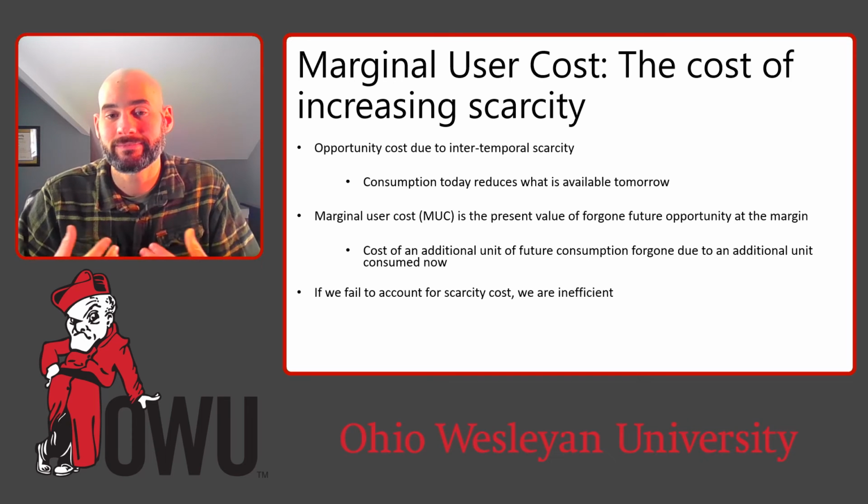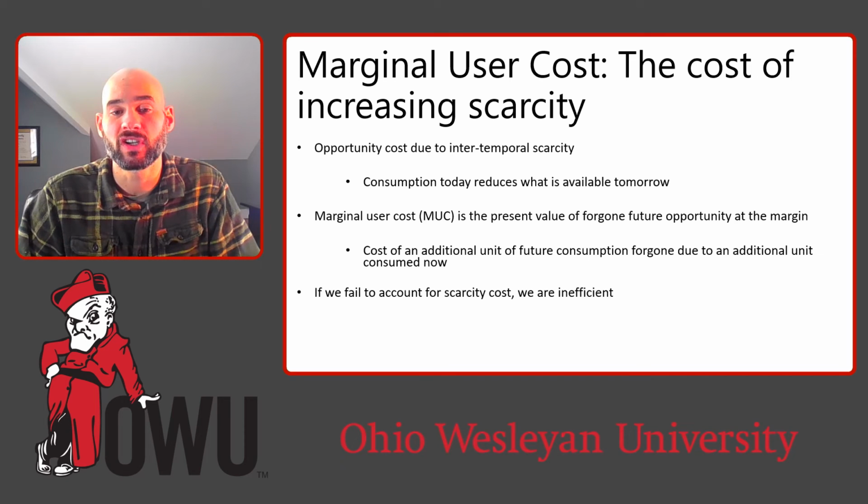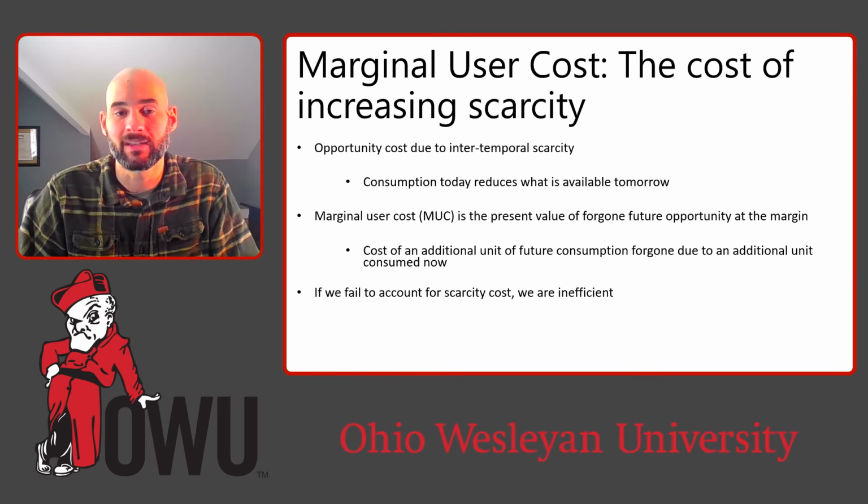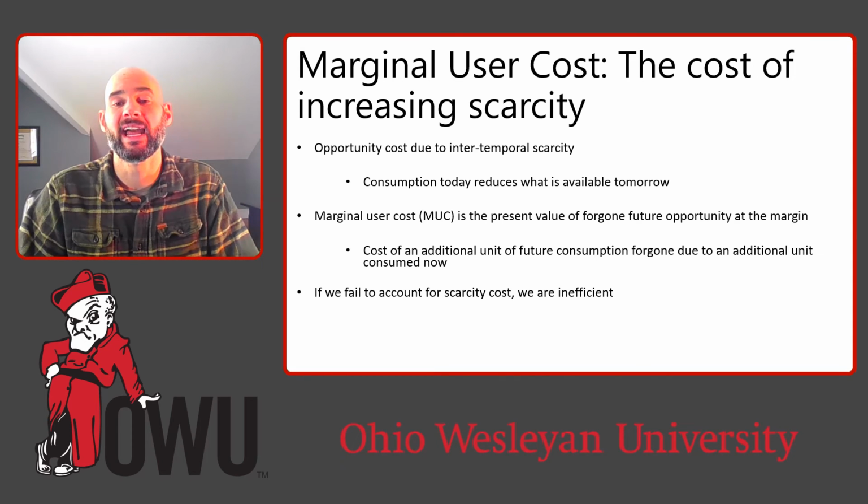And so you can think of the marginal user cost as the cost of an additional unit of future consumption foregone, once again thinking about that opportunity cost, due to an additional unit consumed now. And so if we don't take into account the scarcity which our decisions create, we are going to be making inefficient decisions and over-consuming in a particular time period.